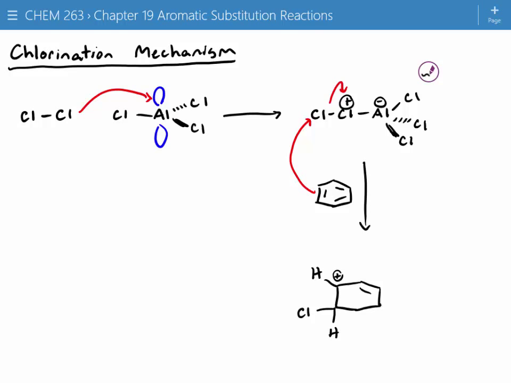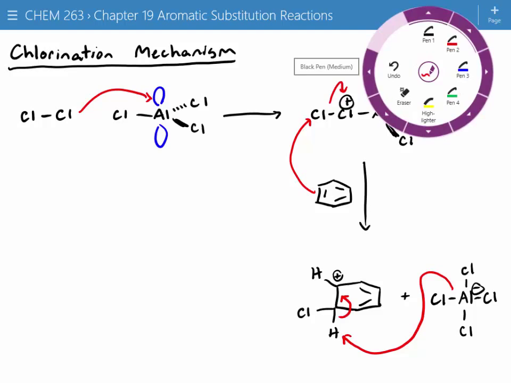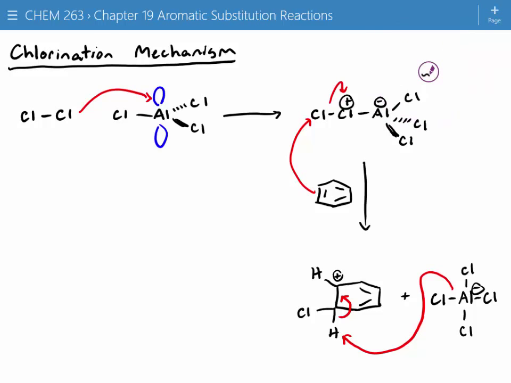positive charge, and then we've got our aluminum tetrachloride. I'm not going to draw geometry there, but it should be tetrahedral. This aluminum has a negative charge. One of these chlorines will pop off, grab this hydrogen, clamp down, restore aromaticity to the molecule, and regenerate our aluminum trichloride catalyst.